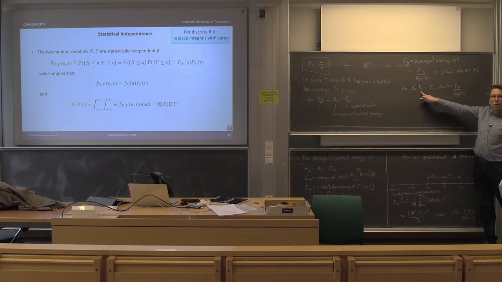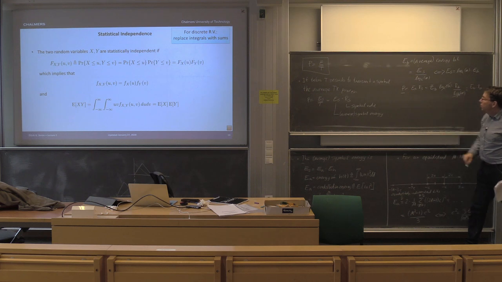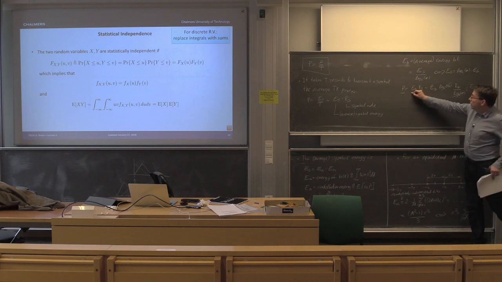The symbol rate, each symbol carries multiple bits, so the bit rate must be larger than the symbol rate, right? And it is the same factor log 2 of M here. So we can cancel the log 2 of M's here, and we then get E_B times R_B, like this.